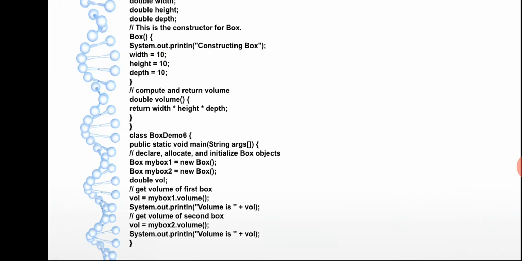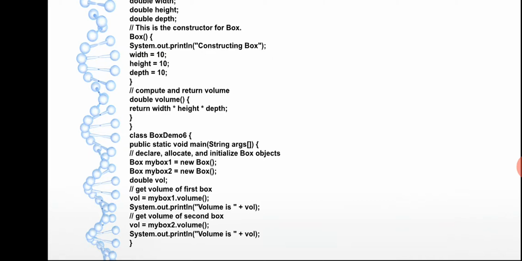Because in the volume method you have return type as double, you are going to return width into height into depth. The returned value will come and sit in the vol variable, and the same thing will be printed using System.out.println: volume is, plus the vol value. Now after that, what happens? After that, you are going for the second object or second box.